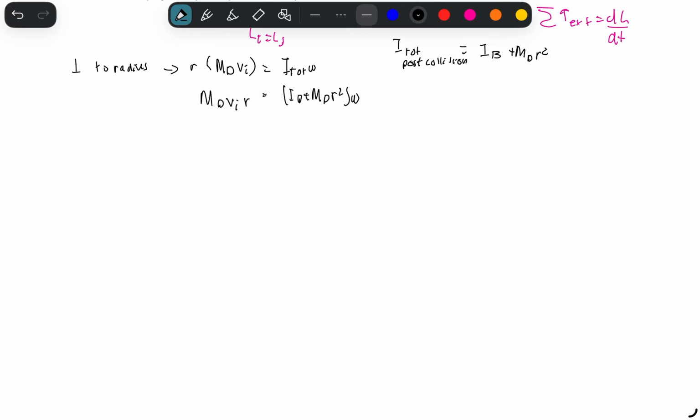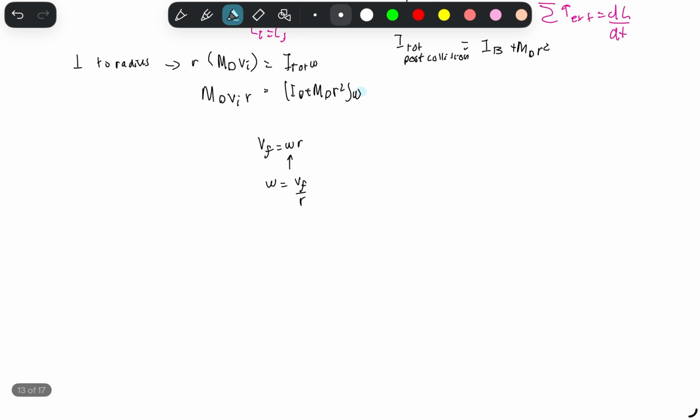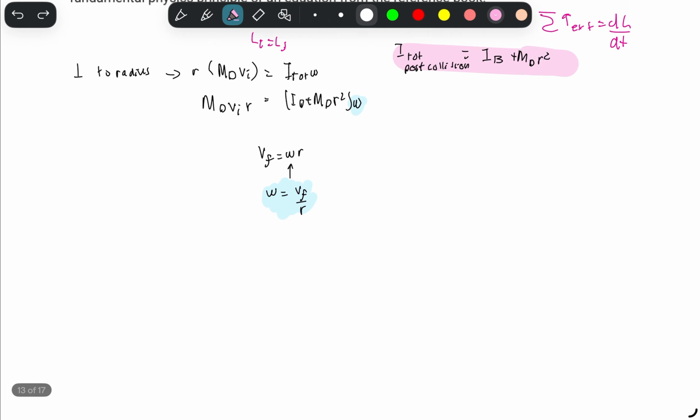Now we have to relate the speed of the dart to our final speed. So v final is equal to omega r. If we solve for omega, we get omega is v final over r. We'll substitute this in for where we see our omega.